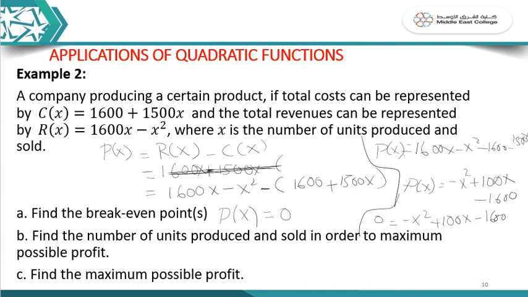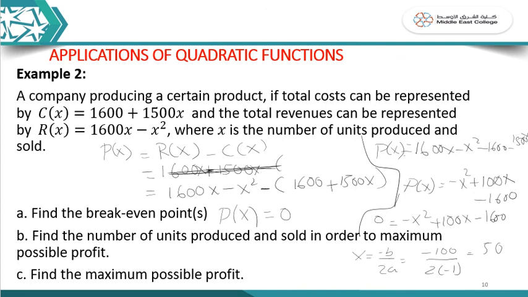Okay, and also here, find the unit product to get the maximum profit, which is x equal to minus b over 2a. As minus b, it will be minus 100 over 2 multiplied by minus 1. You will get that it is equal to 50.